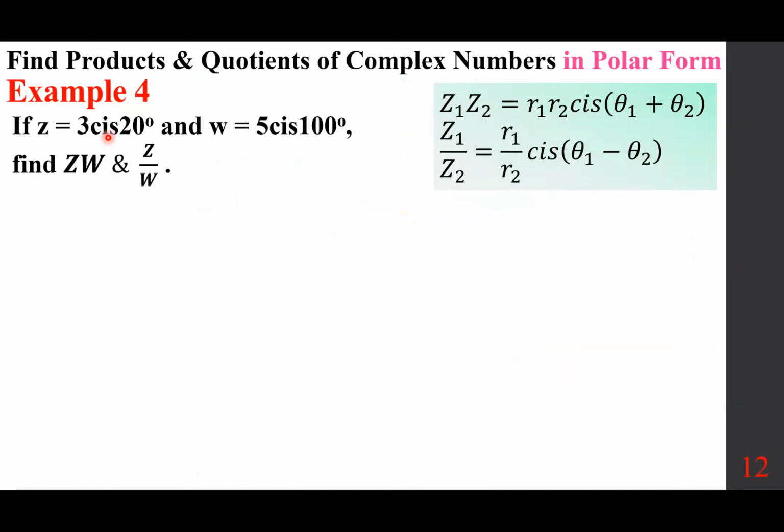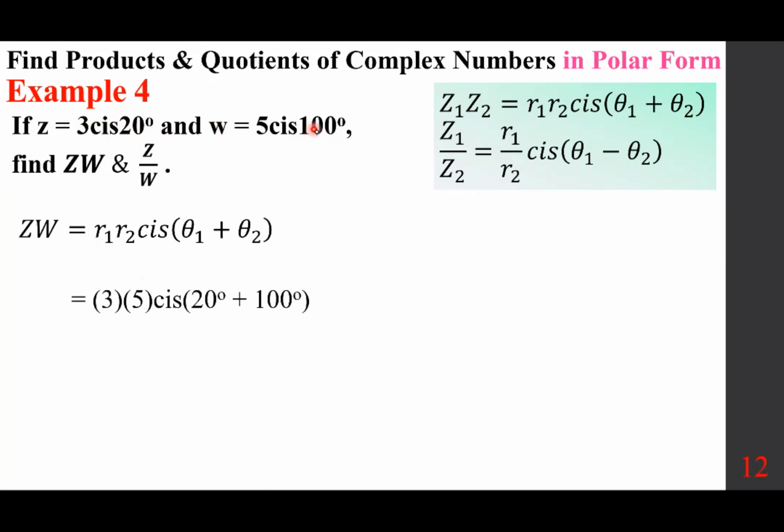Z is given as 3 cis 20 degrees and W as 5 cis 100 degrees, and we want to get their product first. So R1 R2 cis theta 1 plus theta 2, which means 3 times 5 cis 20 plus 100.